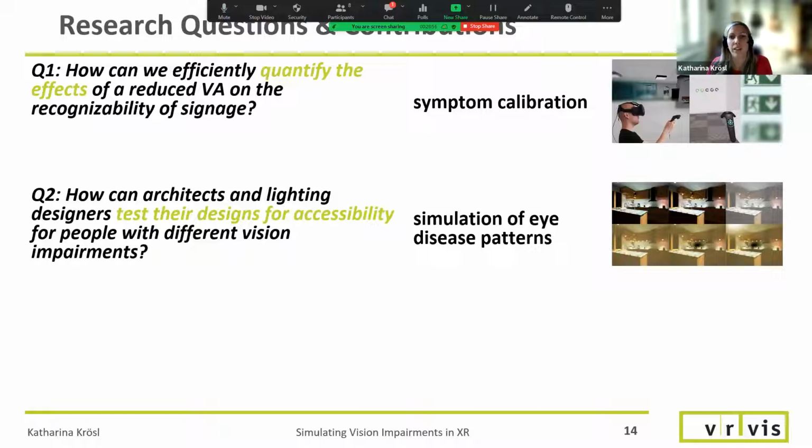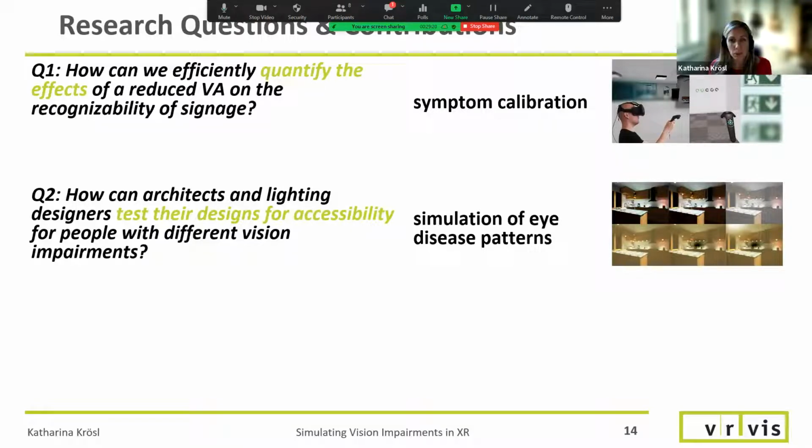So if we have this simulation of eye disease patterns, the question is, how do we know that these simulations are realistic? We looked at images in medical publications, and we also worked together with ophthalmologists to create medically informed simulations.